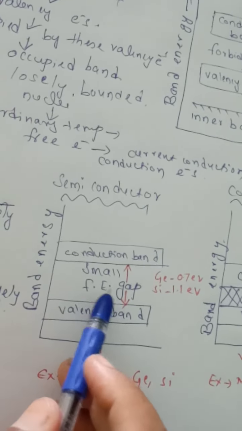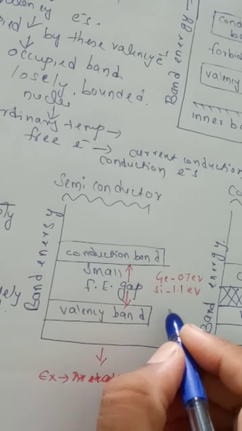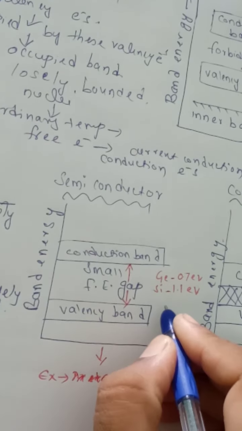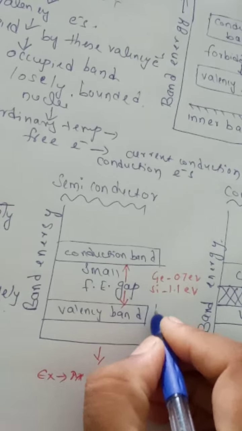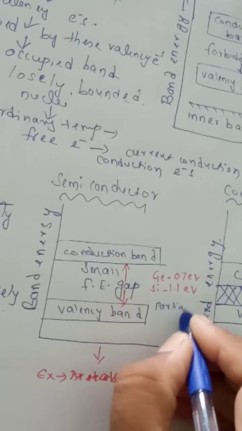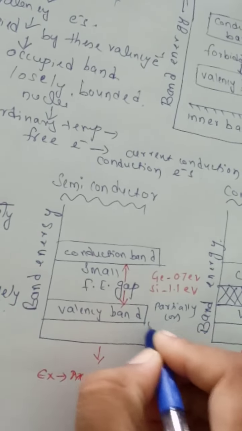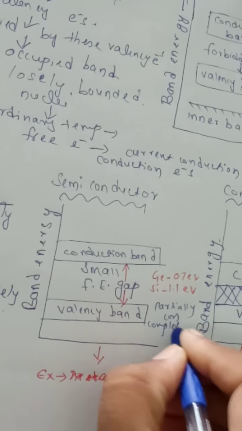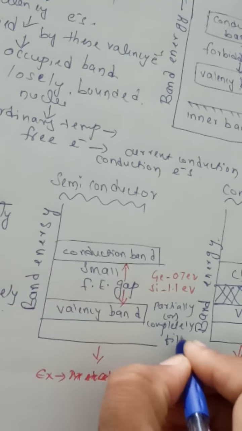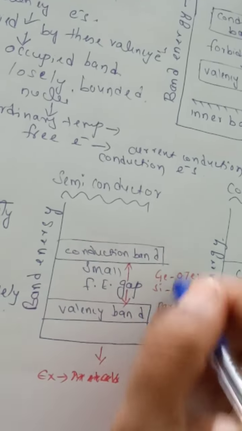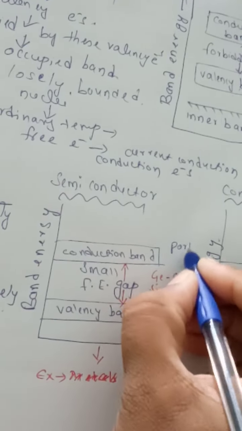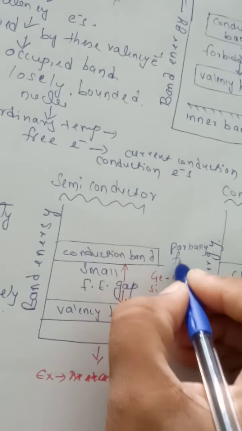And here valency band will be either partially or completely filled, and conduction band will be partially filled.